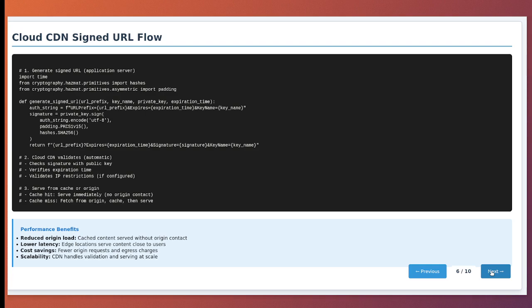If it is not in the cache, the CDN forwards the request to the origin, caches the response, and serves it. The origin does not need to revalidate the signature, as Cloud CDN handles all signature validation. The origin just needs to serve the content when requested by the CDN. This architecture provides both security and performance benefits.